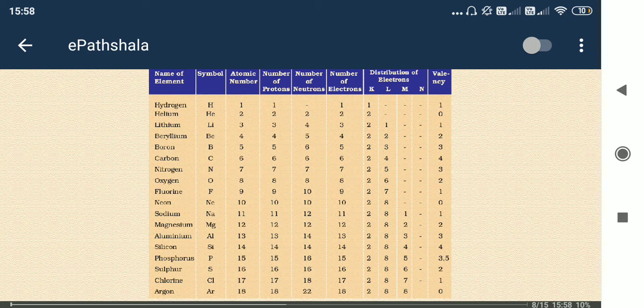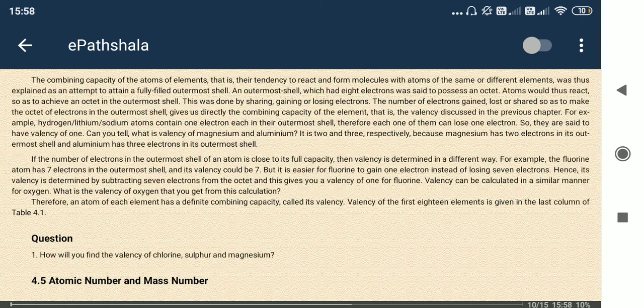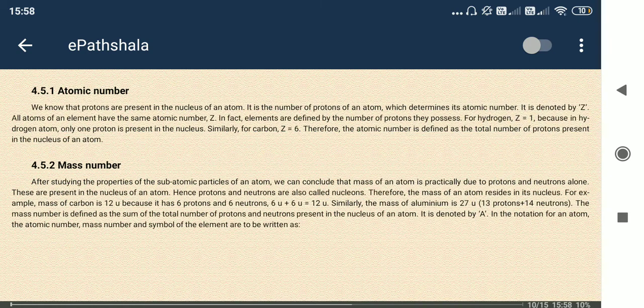If the second already has 8, then we need to add in the third orbit, and likewise it will go. So atomic number means the number of protons, and mass number is proton plus neutron.